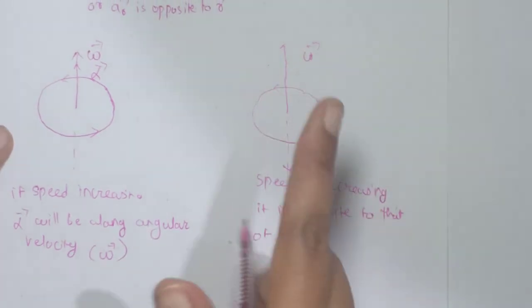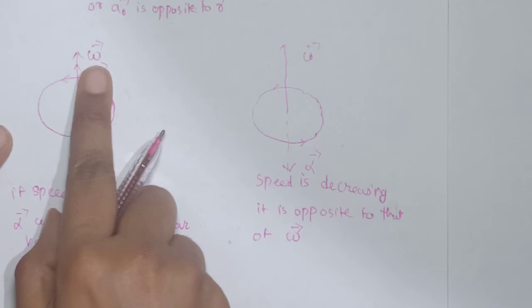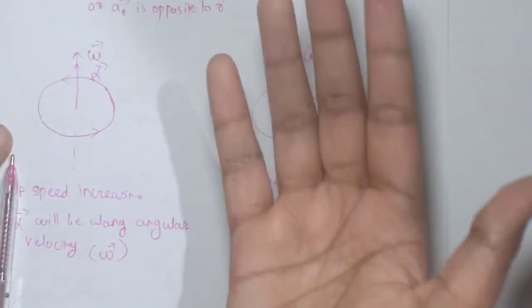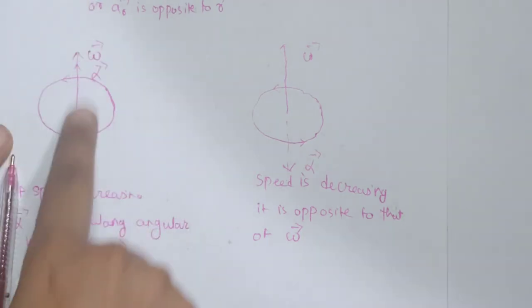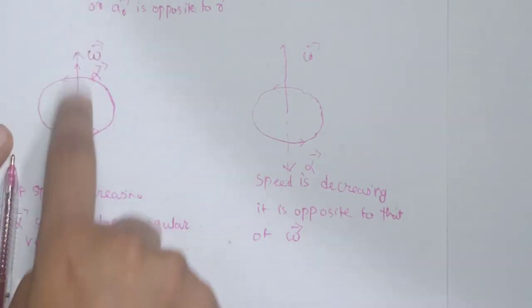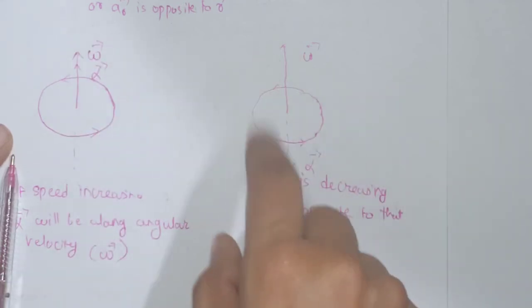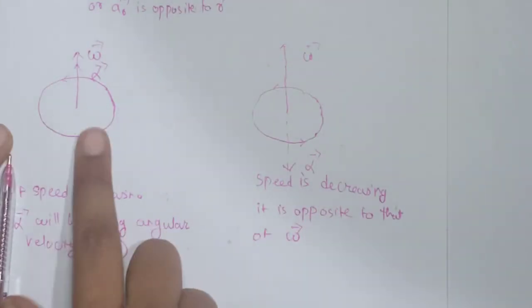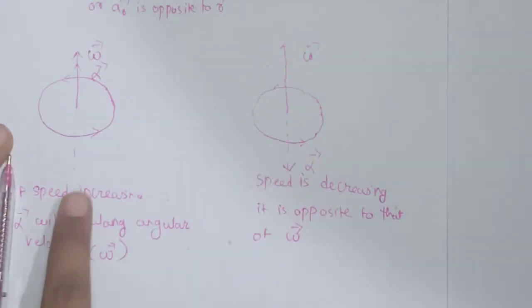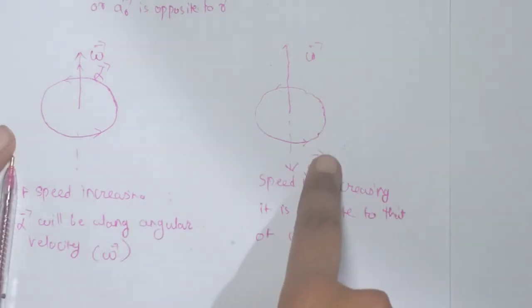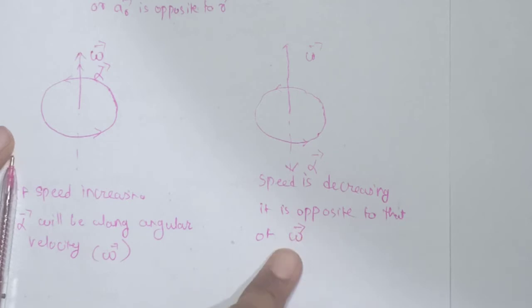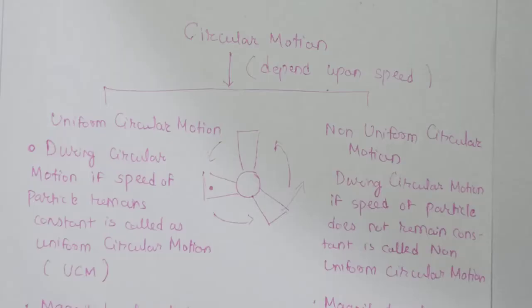That's it. In case of only angular velocity, you have used the right hand thumb rule. If it is moving anti-clockwise, the direction will be along the axis, downward. In case of alpha, what you have to remember is: if speed is increasing, it will be along the angular velocity, and if speed is decreasing, it will be opposite to the angular velocity.